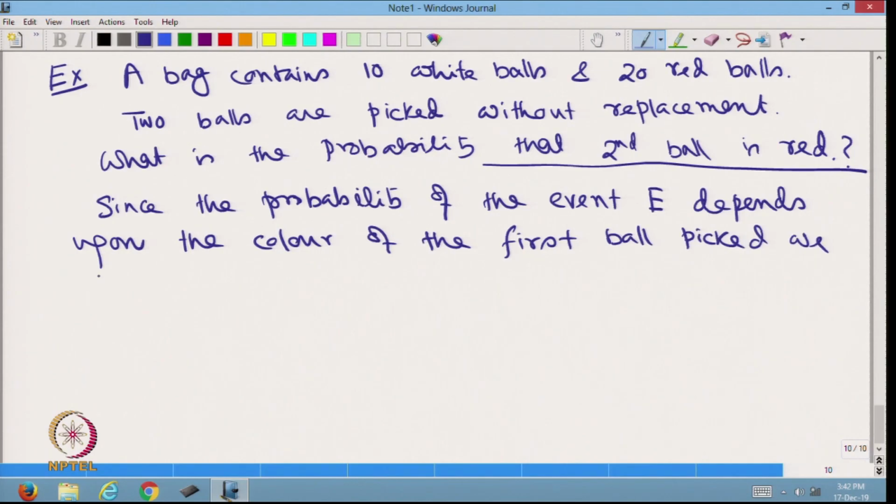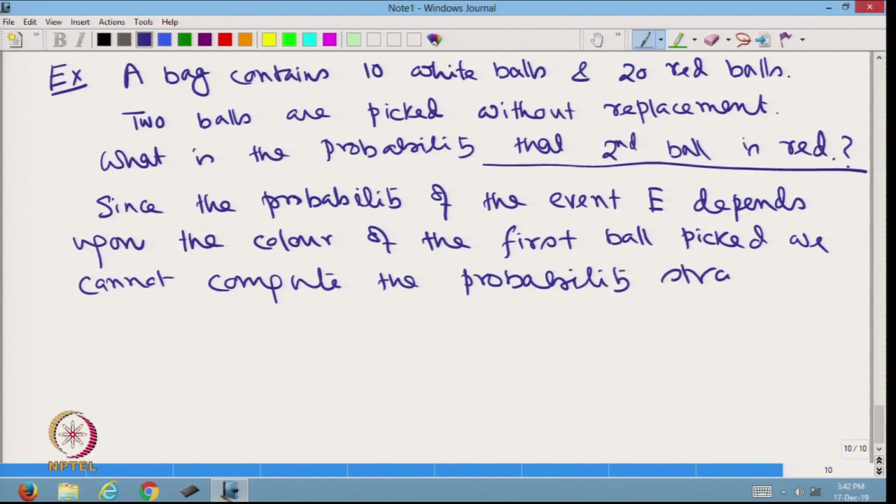We cannot compute the probability straight away, right?